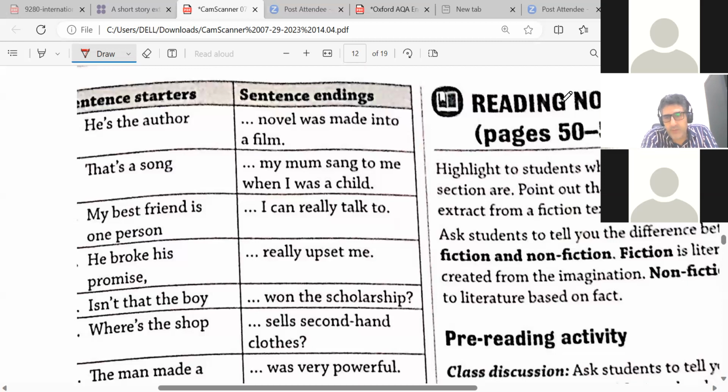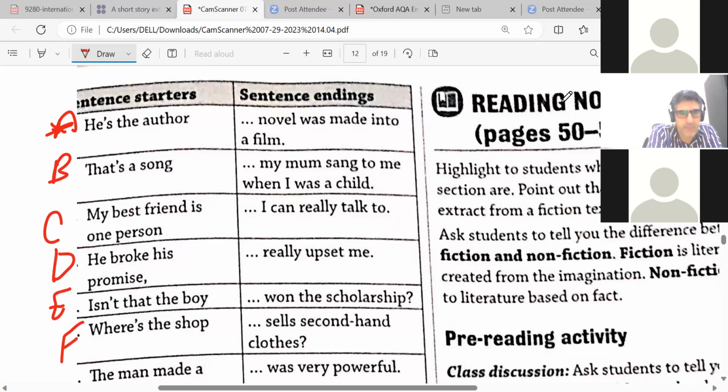Choose another sentence which meets this one. So let me label the starters A, B, C, D, E, F and G, and write 1 to 7 here. Match the letters A to G to the right numbers 1 to 7.